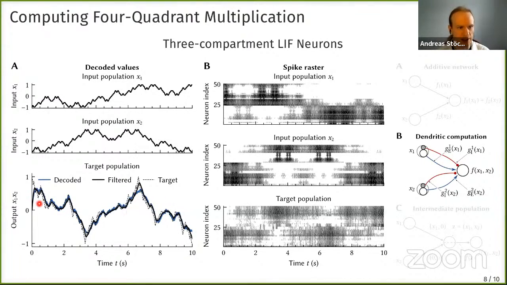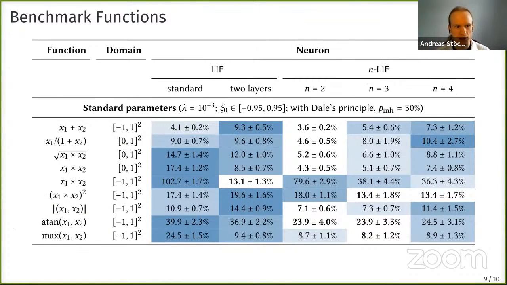And again, note that these are very simple neurons that just use very simple conductance-based input channels and three passive compartments that are connected together, and such neurons can compute XOR. Right, we can also compare this for a large number of different benchmark functions that people might want to compute in their models.